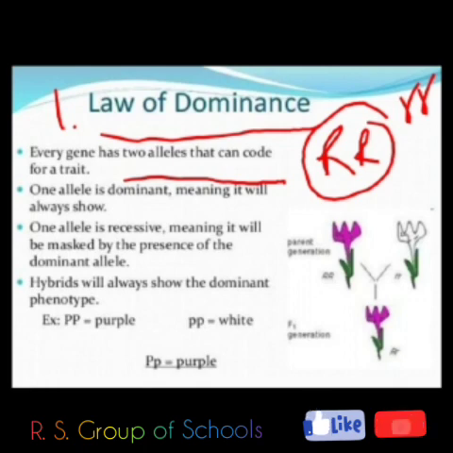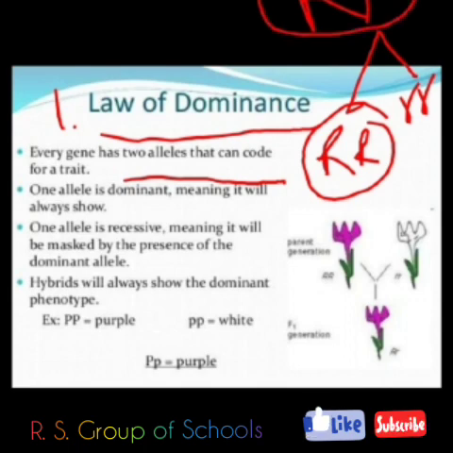Hybrid means that when a tall plant and a dwarf plant are crossed, the F1 generation shows tall plants. This is known as a hybrid character, and this is the F1 generation.